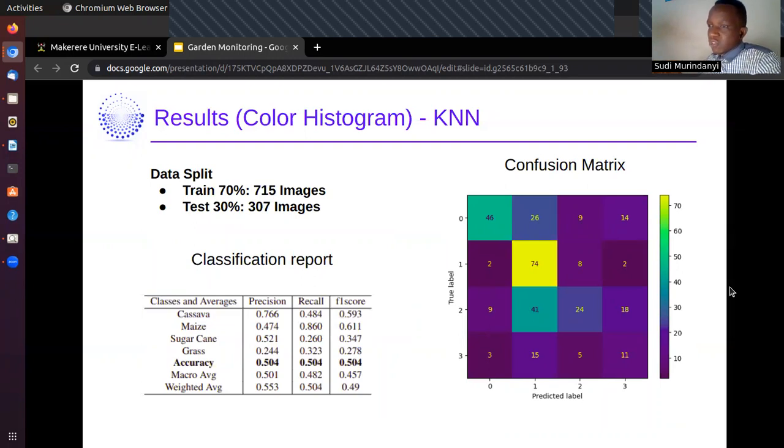So it tended not to perform very well. It got 50% accuracy on the test set. You can see from the confusion matrix, it was more or less guessing the images, if I can call it so, except for class 2, which is maize.